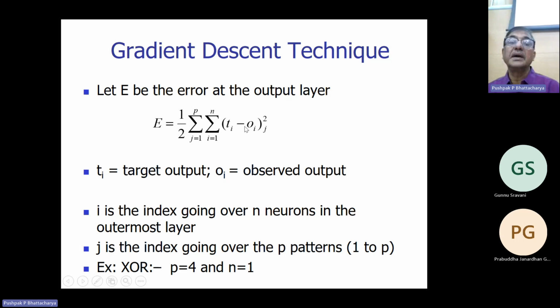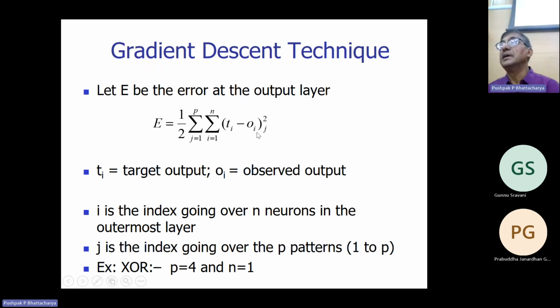So we take the square and sum the errors, and we do it for every neuron in the outermost layer, and for every input-output pair. Then we take a half, so that when we take the derivative, this half and the 2 cancel. This is called the total sum square error.